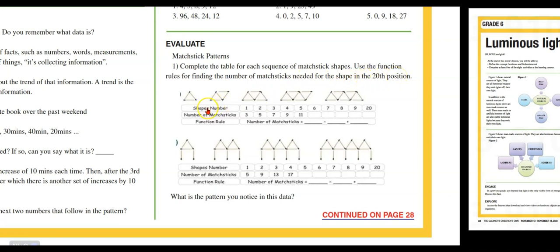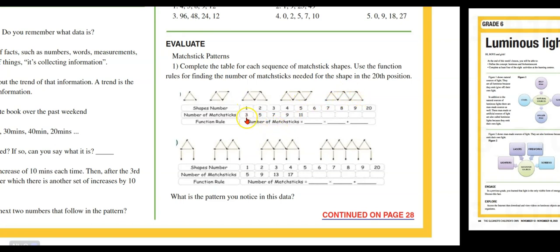So we have the shape number, number of matchsticks, and the function rule. Here we have shape 1, then 2, then 3, then 4, then 5.